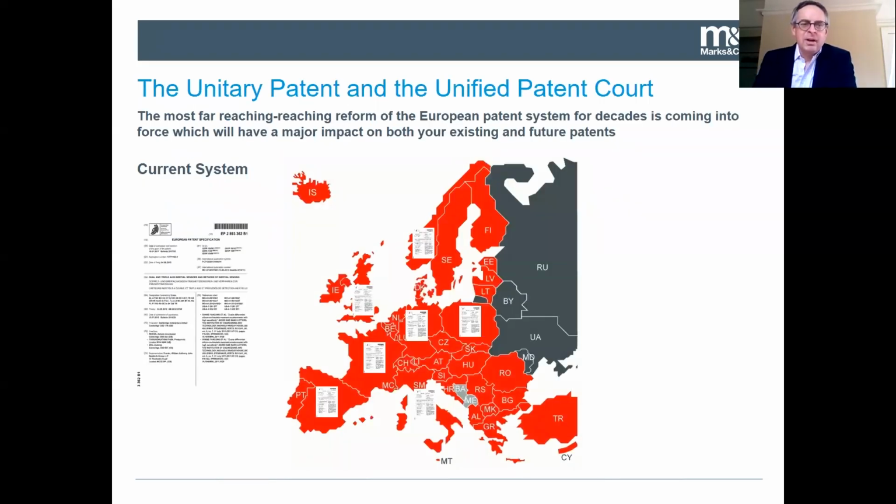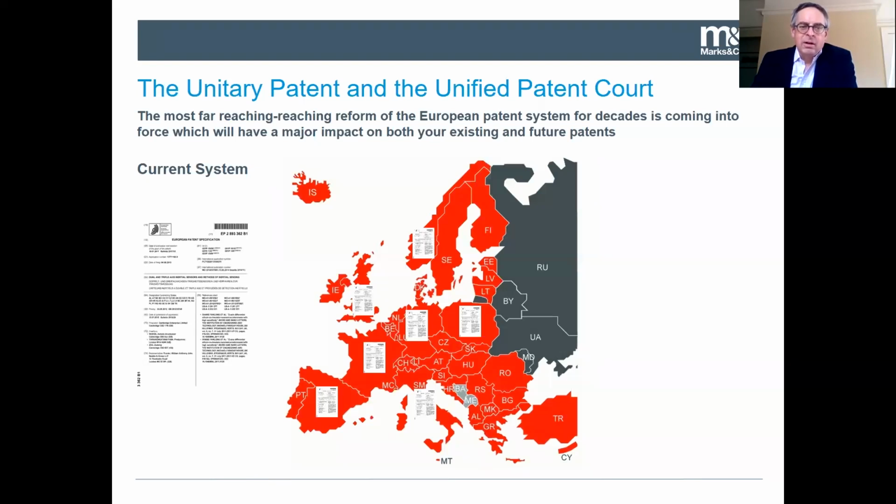So to start introducing the new Unitary Patent and the Unified Patent Court, the most important thing is to look at what we currently have. And this is the general system under the European Patent Convention.